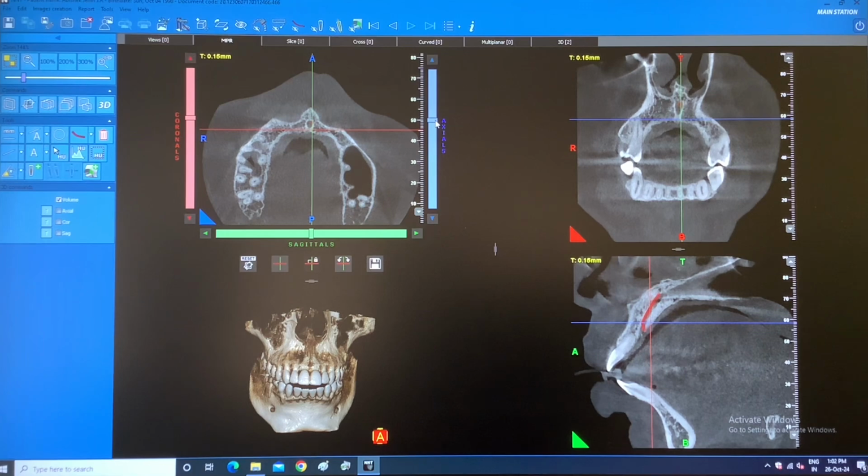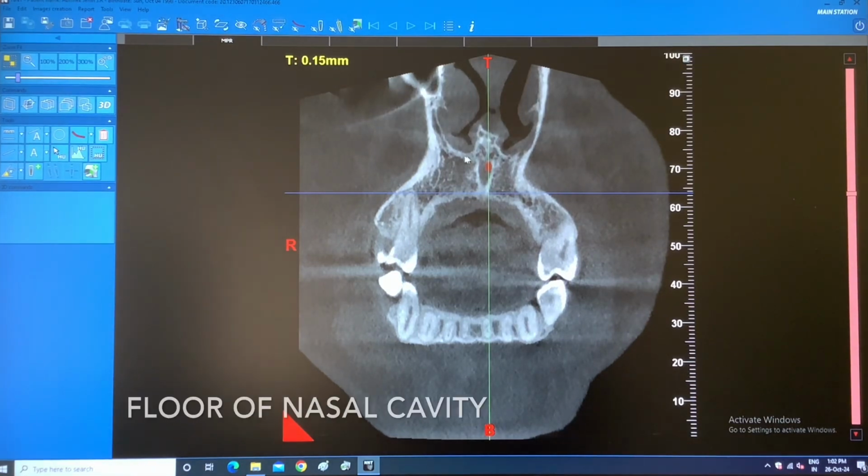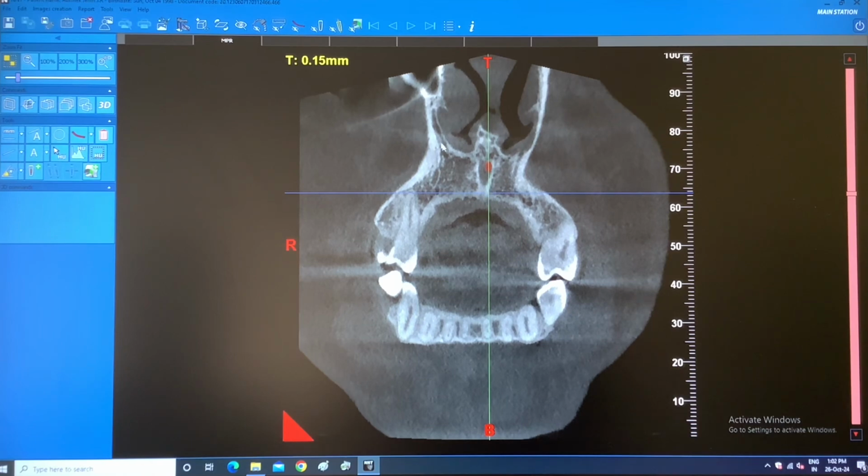Another important landmark in anterior maxilla is the floor of the nasal cavity, which can be clearly appreciated in coronal scans. You can appreciate the incisive canal, you can appreciate the floor of the nasal cavity. This particular floor comes to importance while doing implant planning.